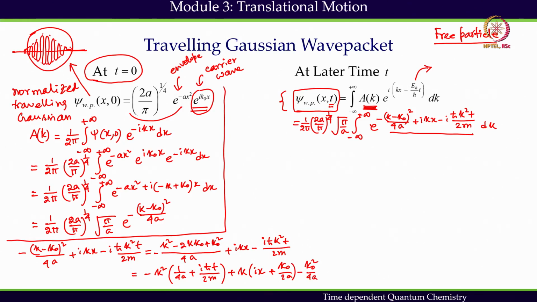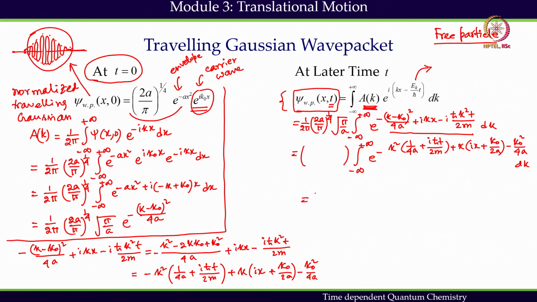So, this can be used in this exponentiation, and if we do that, then I have all these constant parts, and then I'm not writing it, minus infinity to plus infinity, and then I have e to the power minus k square (1 by 4a plus i h cut t by 2m) plus k (i x plus k naught by 2a) minus k naught square by 4a. Then I have dk, integration over dk.